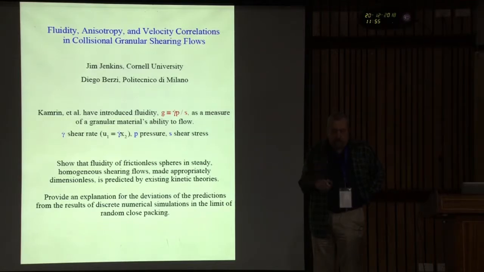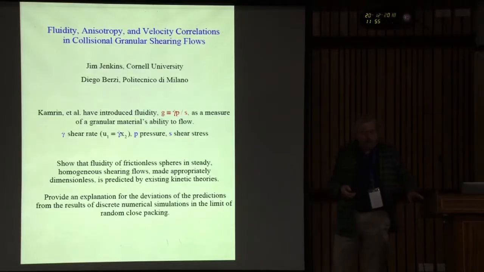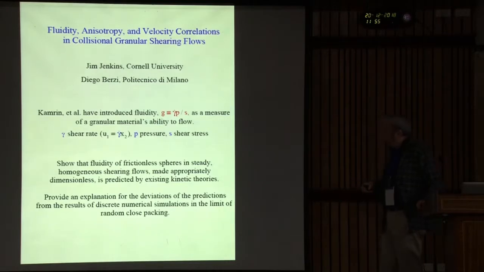As was mentioned earlier, Cameron's introduction of this quantity was criticized because there wasn't an interpretation of the physics behind it. And now I think he's gone a long distance towards relating the fluidity to the measures of the strength of the velocity fluctuations.